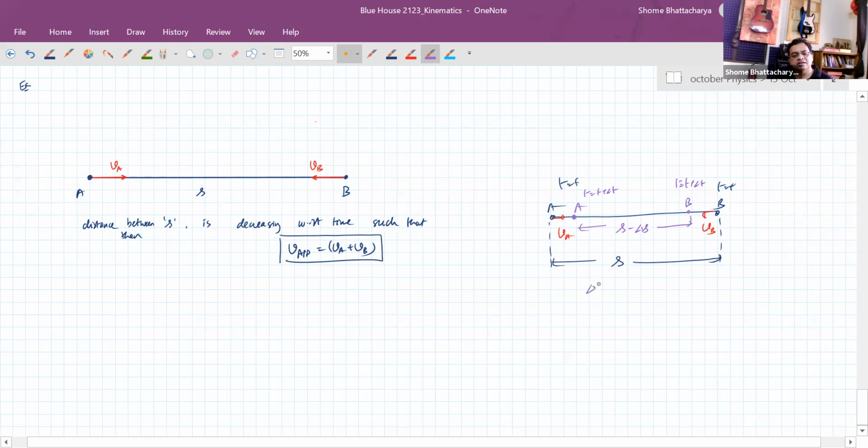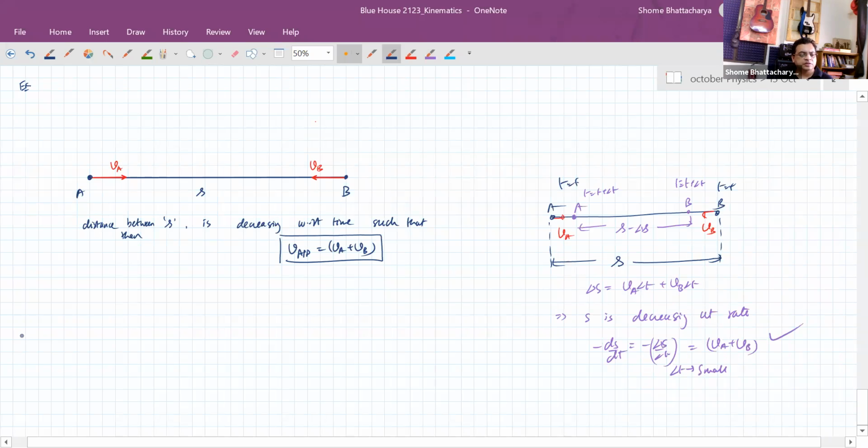And you can see that delta s would be, so s is decreasing at the rate like this. Okay.